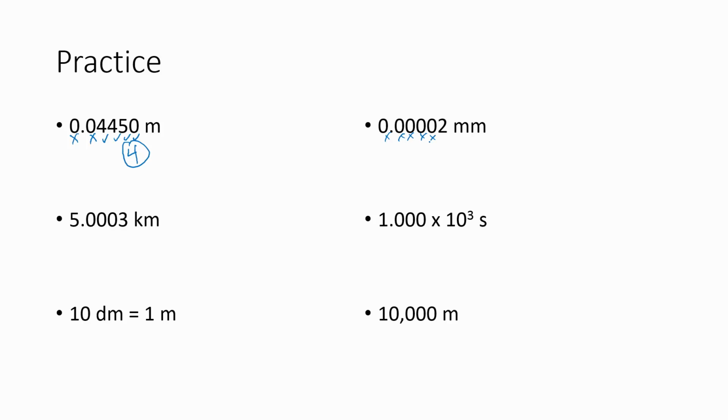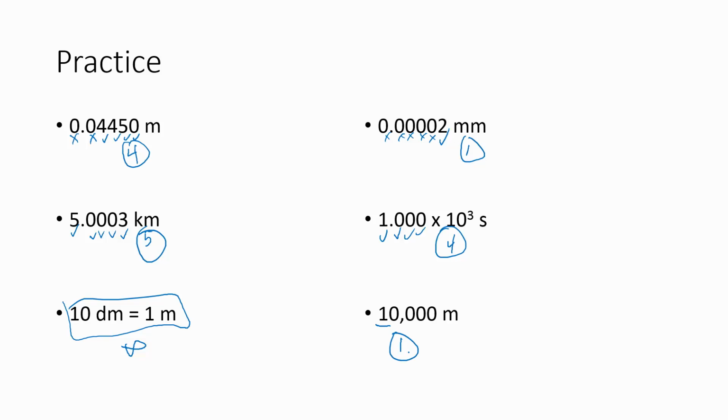Leading zeros, so not significant, 1 significant digit for this number. 5, trap 0, trap 0, trap 0, 3, 5 sig figs. 1 to the right of a decimal point, so yes, yes, and yes. 4 significant figures altogether. Infinite number of significant figures, and ambiguous, so we have to assume 1 significant figure unless we know for certain that it's more than that.